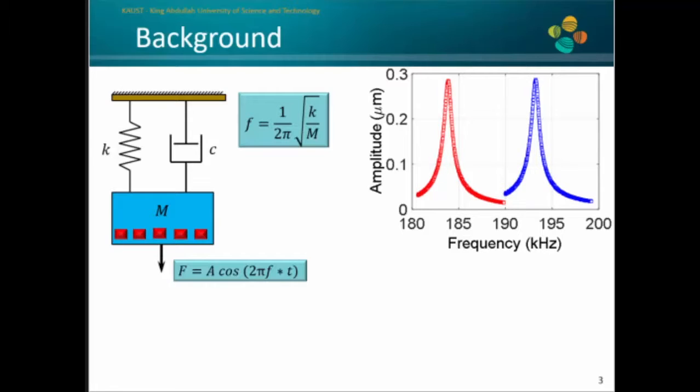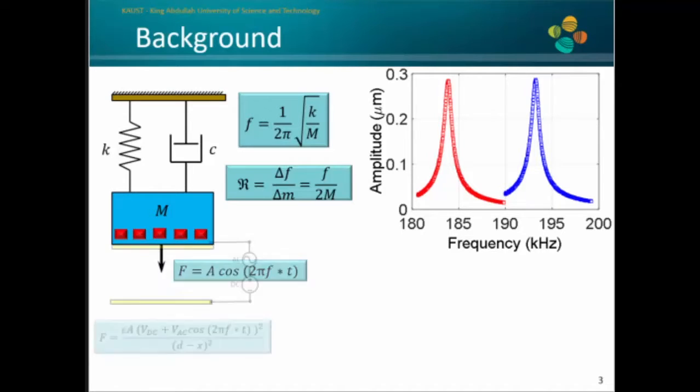The frequency will go down. This frequency shift can be used to quantify the amount of mass being adsorbed on your resonator surface. This mass can be of any pathogen, any bacteria, and any virus if you use a biorecognition layer on the resonator surface. It can be the mass of adsorbed gas molecules if you use a thin film that has affinity to that particular gas of interest.